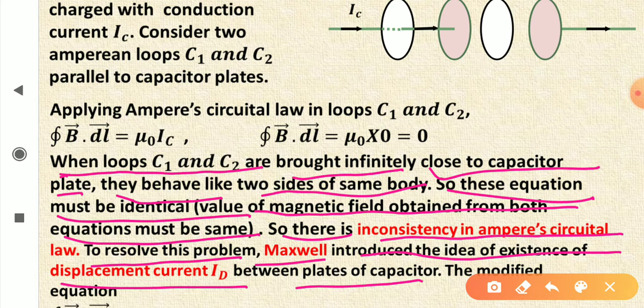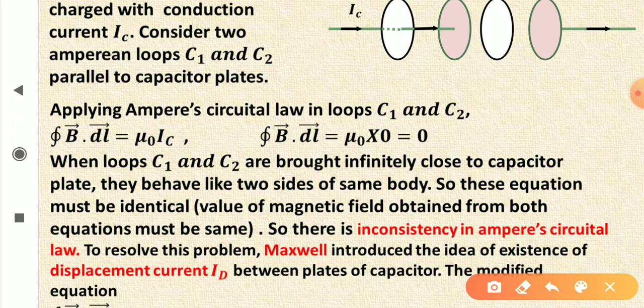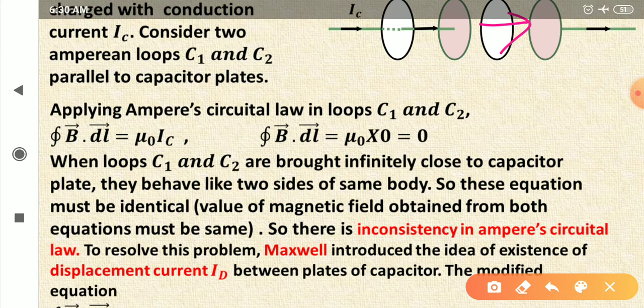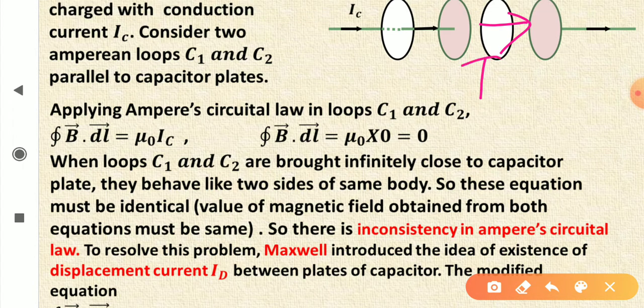So what Maxwell assumed is that there must be some current between the plates of capacitor which is not seen by us, and he called it displacement current. And he said that this displacement current has to be equal to conduction current, and this displacement current will last as long as conduction current is there.